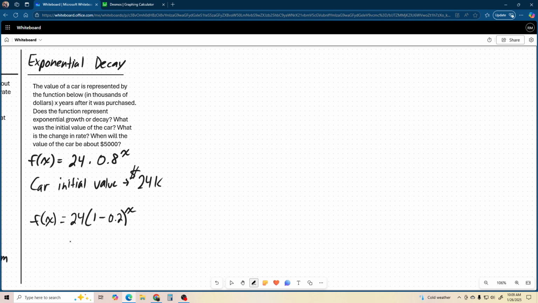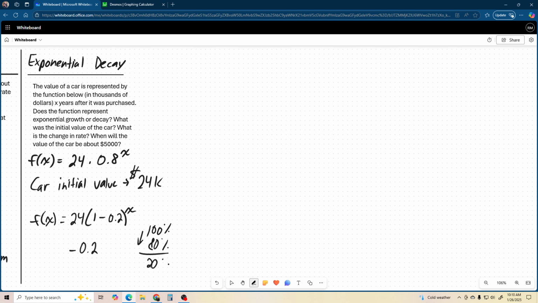So 0.2 is the rate of decrease, right? What is the change in rate? The change of rate is negative 0.2, which is why it's a decay, right? Because we're going down this much every time. Now, the other way to look at it is, okay, if our total was 100%, which means it's maintaining its value perfectly every time, and now it's at 80%, that's actually a decrease of 20%.